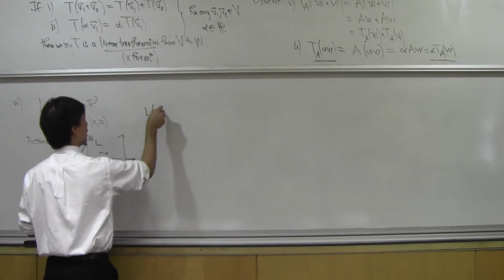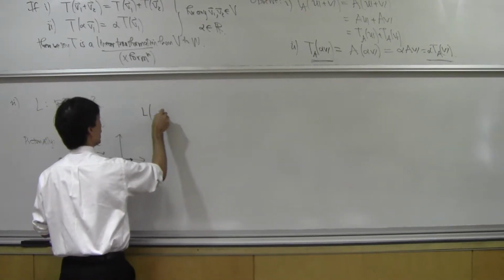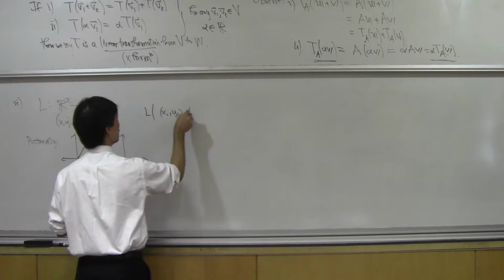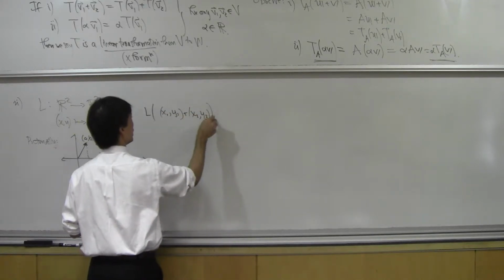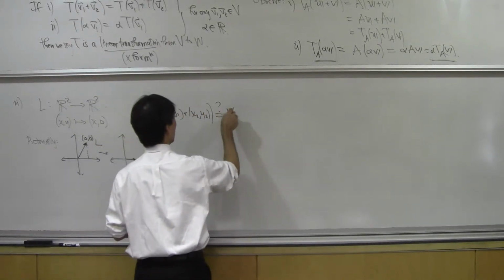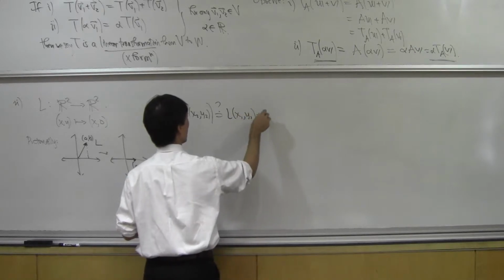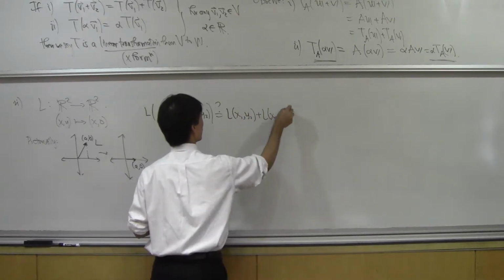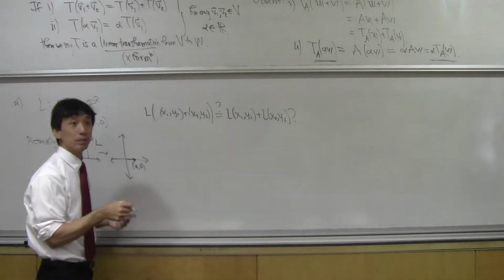Algebraically you would say, well, if I've got (x1, y1) plus (x2, y2), is that the same thing as L of (x1, y1) plus L of (x2, y2)? The answer is sure, right?